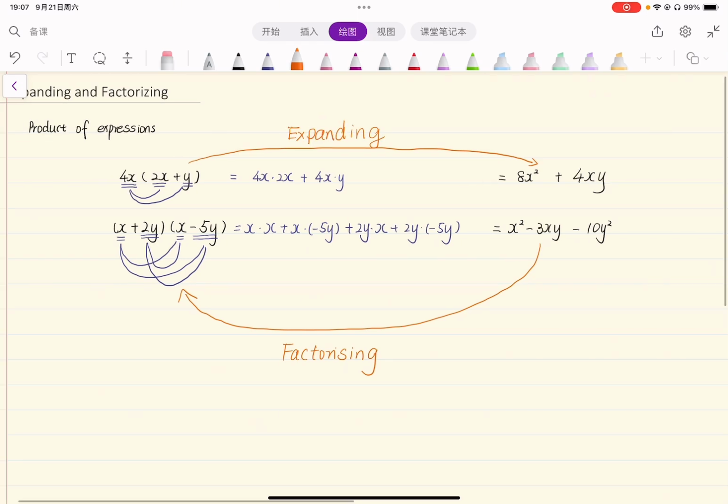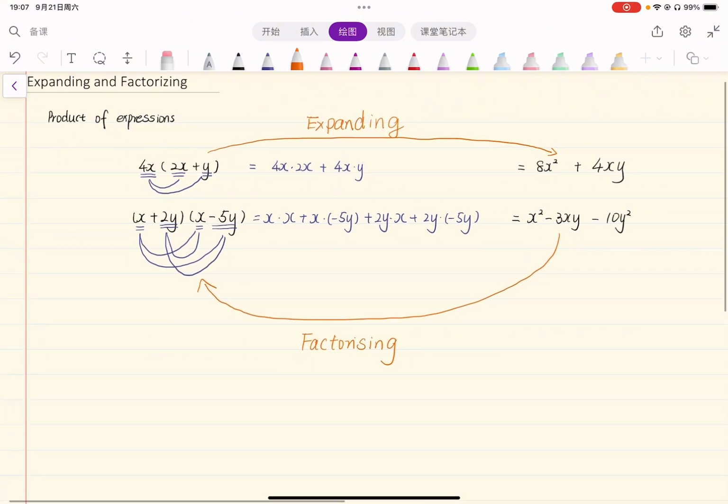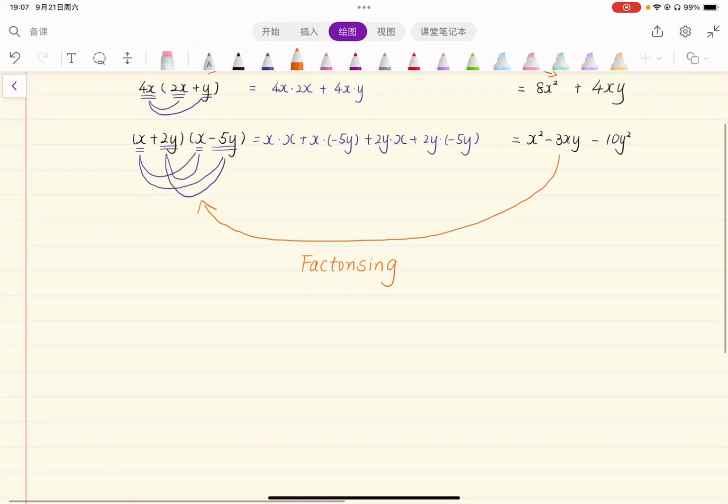We know how to do the expanding, so how do we do the factorizing? Let's see.